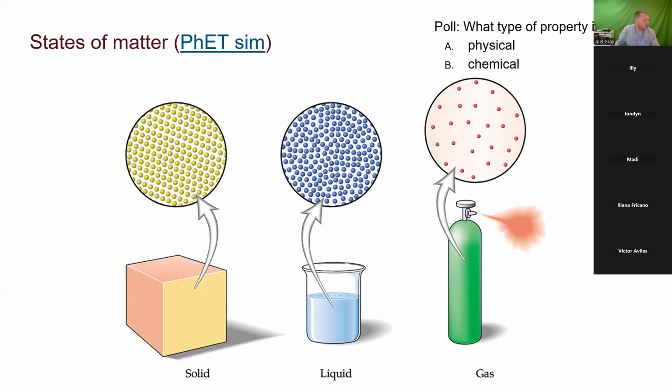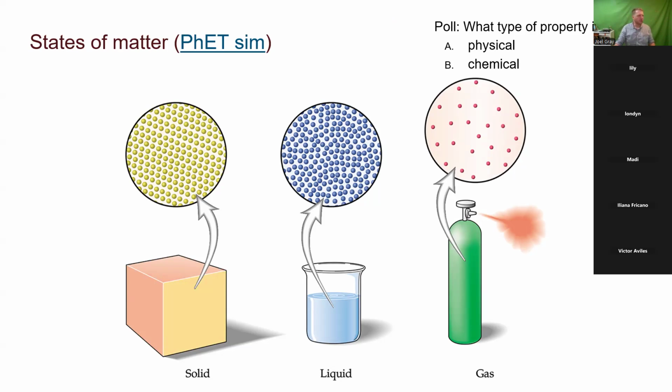Here's what I wanted to do, pull this up. Okay, so we've got our different states of matter: solids, liquids, and gases. That fourth state would be plasma, and that's kind of outside the spectrum of this class.